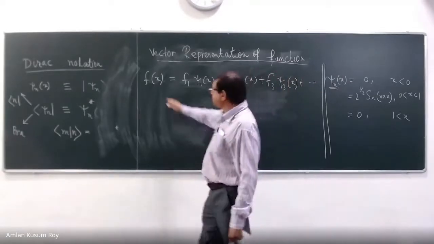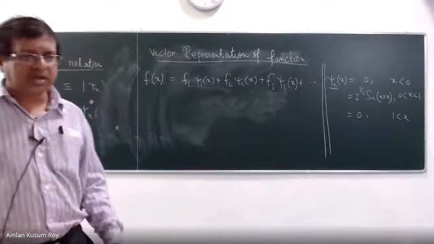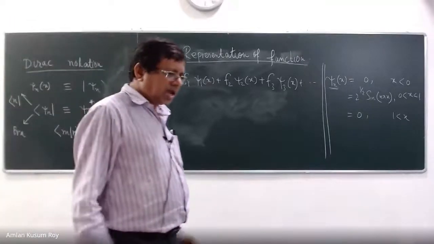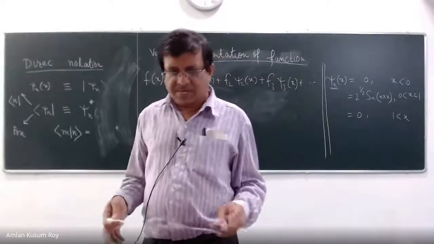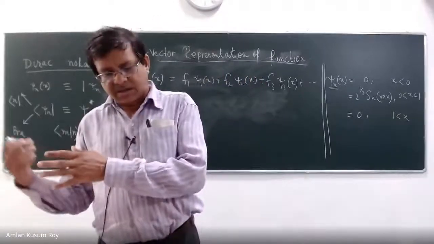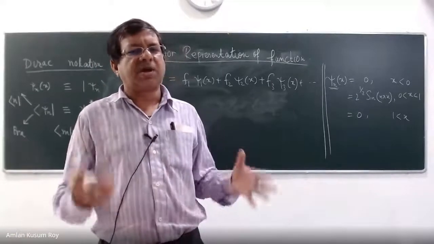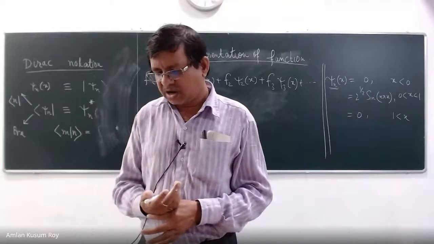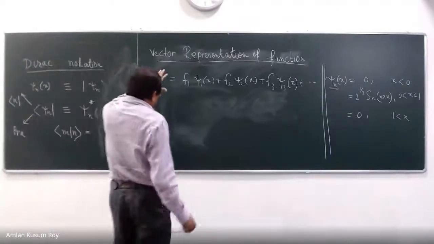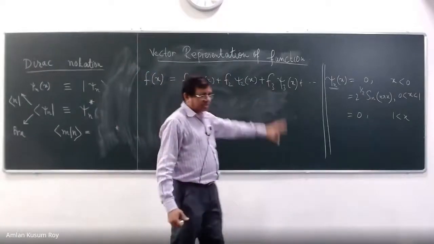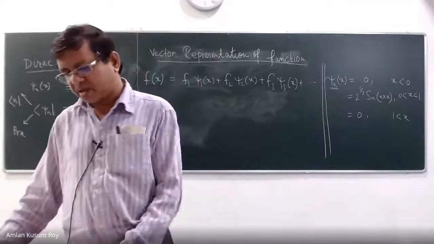I can write an arbitrary function. What is its connection to anything? This function is any arbitrary function in this world. In the second half we'll say a little more about the specification of function, but in general any function in this world can be written in a sum like this. Now this is a very important expression, right?